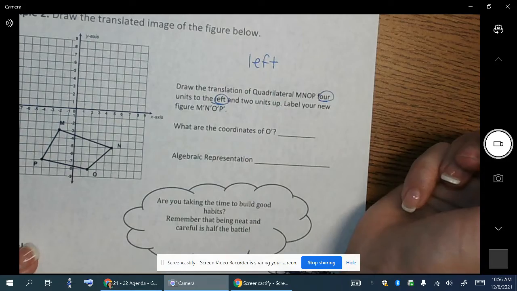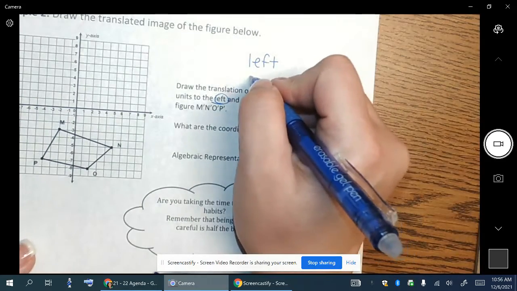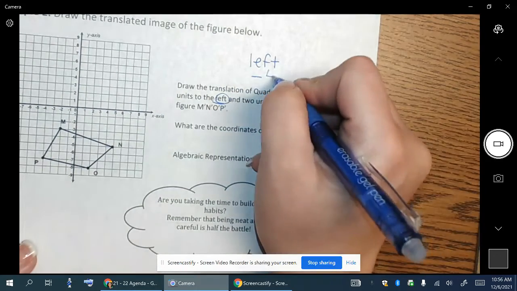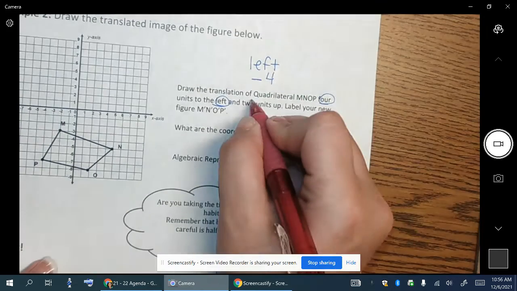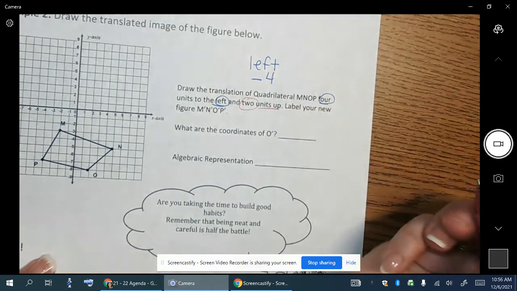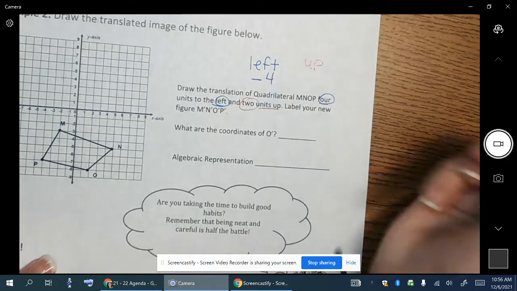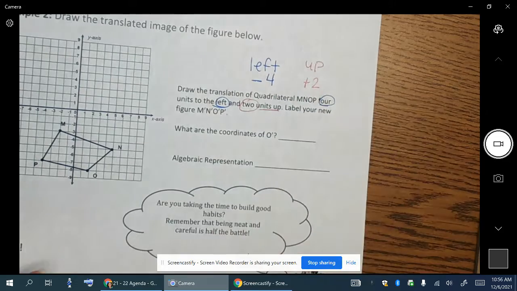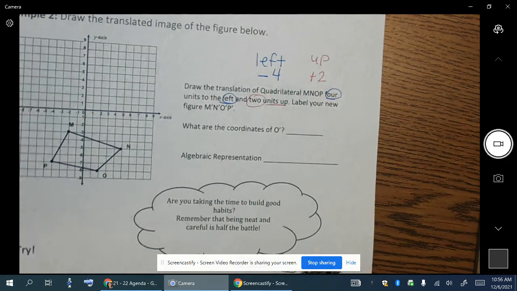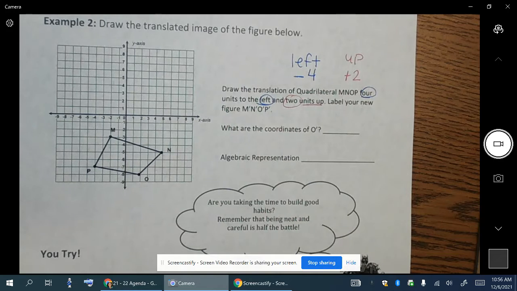Negative or positive? Negative. So negative 4. And I'm also going where? 2 units up. How do I write that? Plus 2. Good.